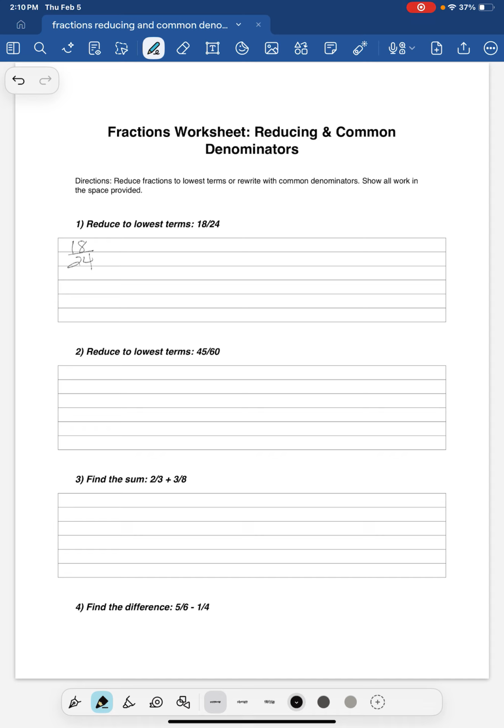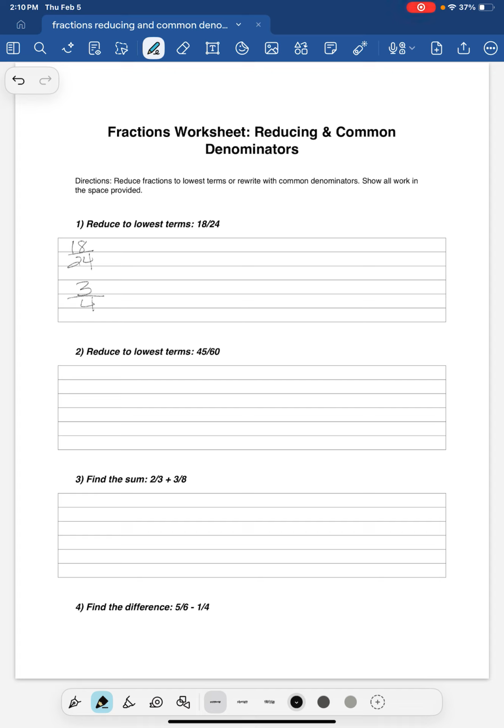As you practice over time, you may recognize that both of these numbers are divisible by 6. If you divide 18 by 6, you get 3, and if you divide 24 by 6, you get 4. And so the only divisor they share is 1. So that is your fraction in the lowest term.